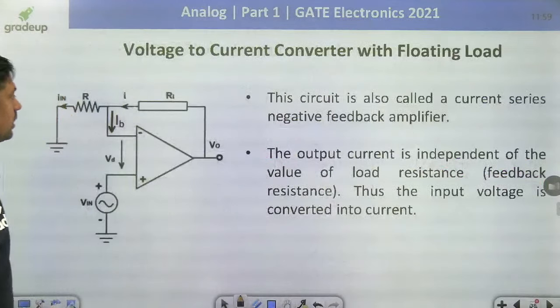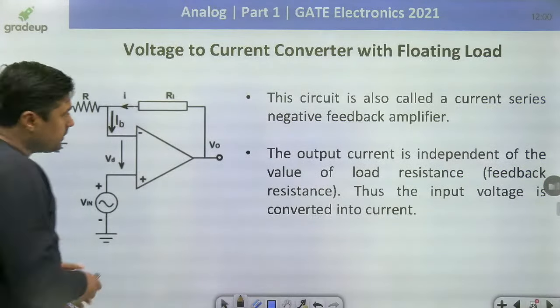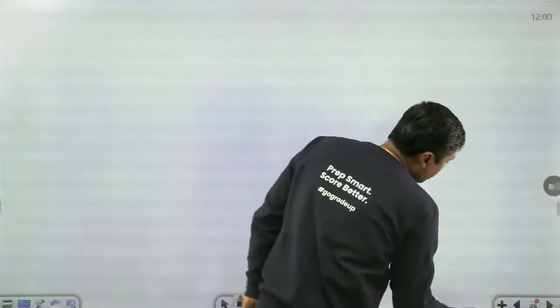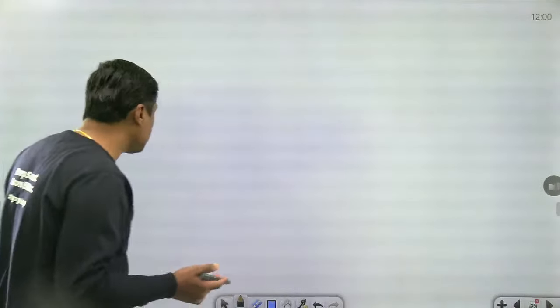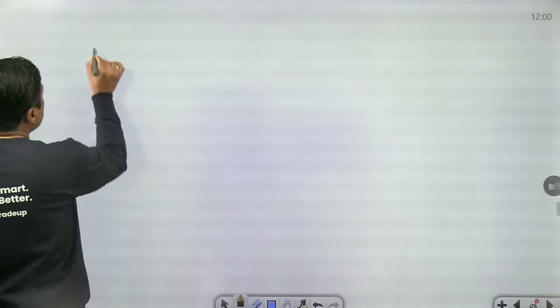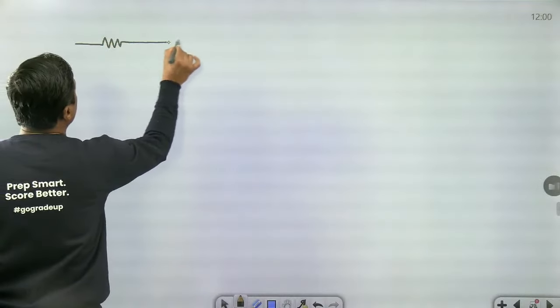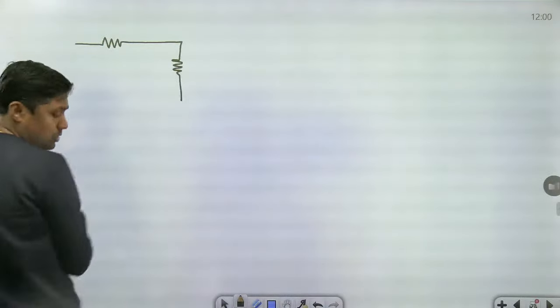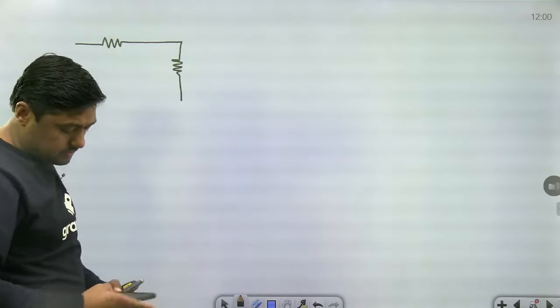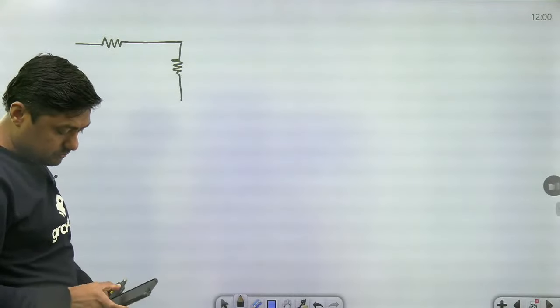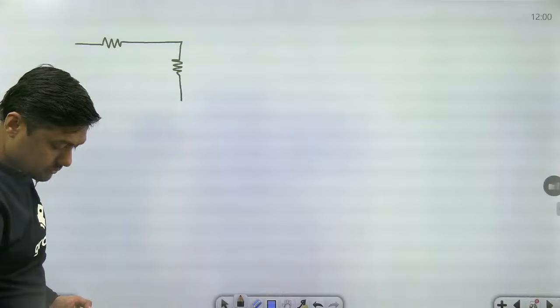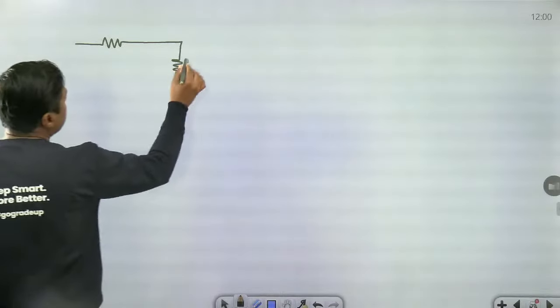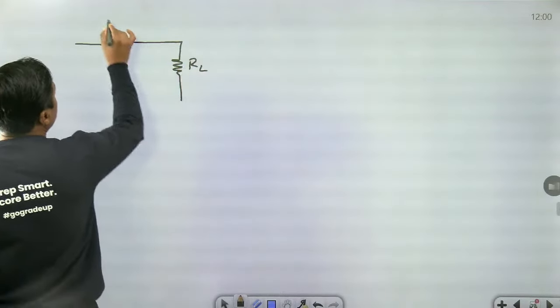Okay, next one. Now, voltage to current converter with floating load. Right? Simply give me the answer. If suppose we want to make a voltage to current converter, then always remember it is not a voltage to current converter. Suppose if we are giving like this, voltage to current converter means it is RL, it is RS.